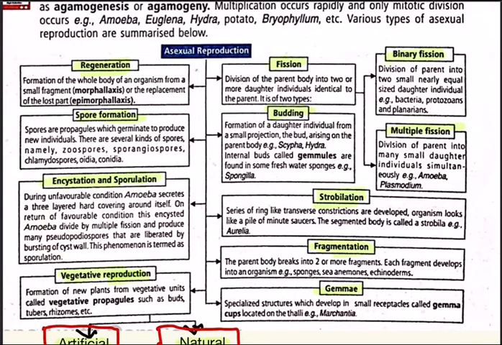And during this period of toughness, unfavorable conditions, what does amoeba do? Whatever reserve food is there will be consumed, and it breaks the cytoplasm. Remember I said cytokinesis. In fission I said the body will divide. First the nucleus will divide, karyokinesis followed by cytokinesis. Here also internally the cytoplasm will divide, and many small cytoplasmic fragments will form.